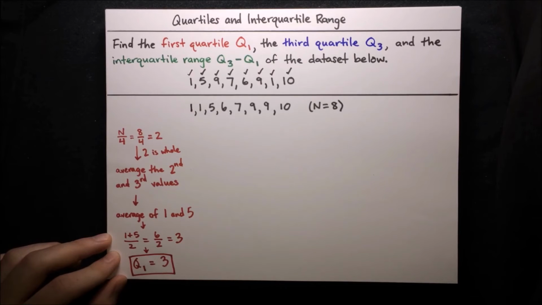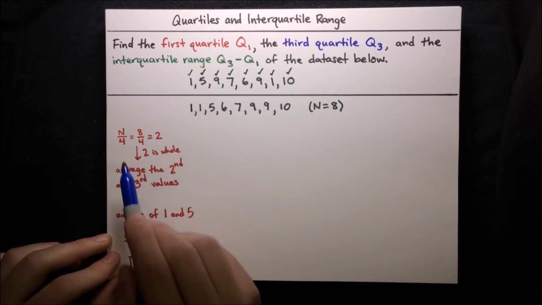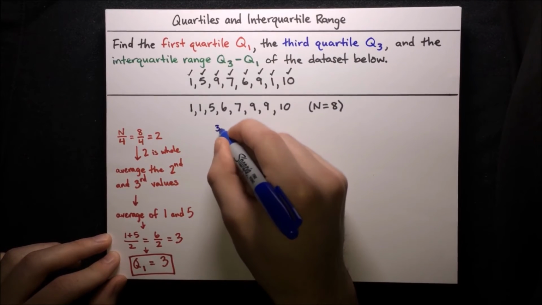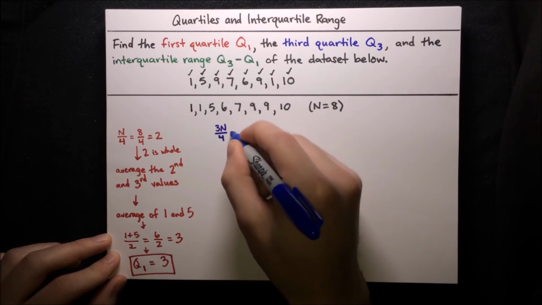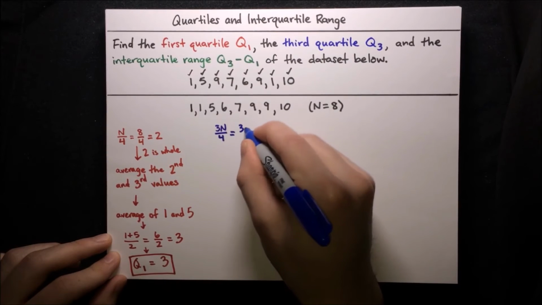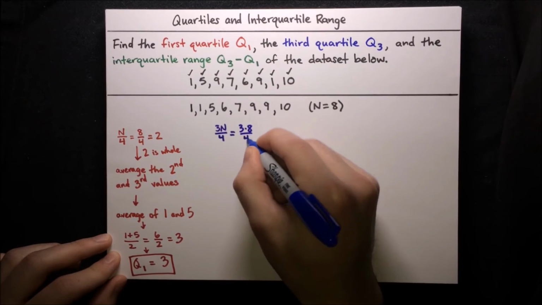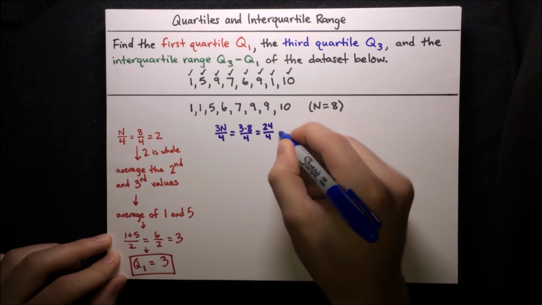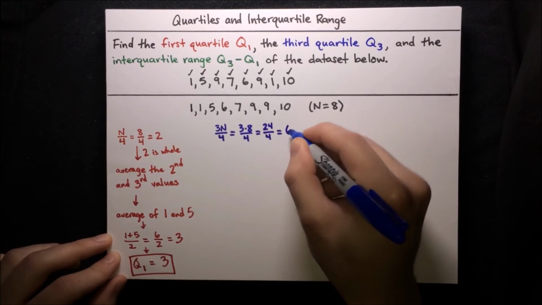Alright, and then how about the third quartile? The third quartile is really similar, except instead of using n over 4, we use 3n over 4. So 3n over 4 is equal to 3 times 8 over 4. 3 times 8 is 24, so 24 over 4 is 6.